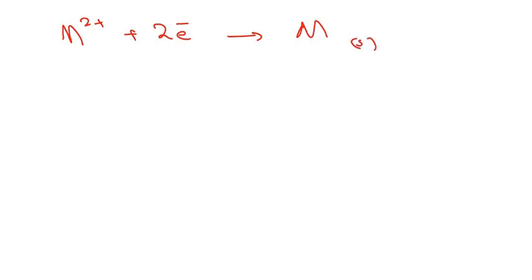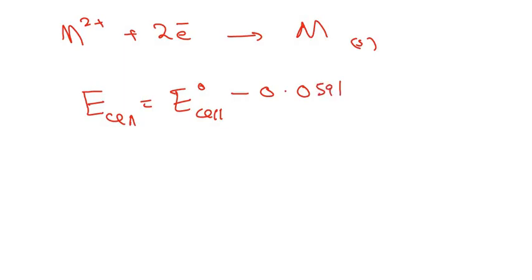Now the Nernst equation says the cell potential is equal to the cell potential at standard conditions, so E cell minus 0.0591 over n, then log of the quotient.